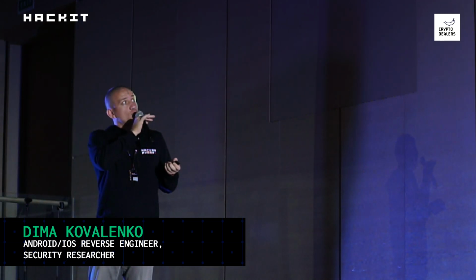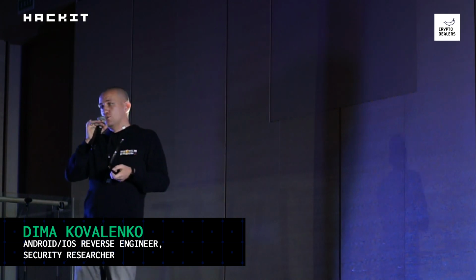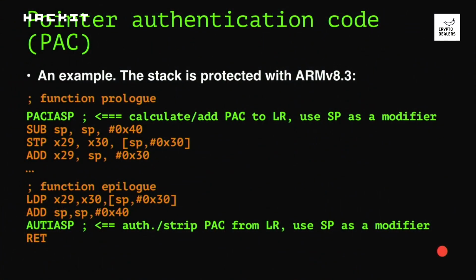This is not protected code. And this is the same code protected with the new instructions. Before we store the link register to memory, we sign it with a pointer authentication code and use the stack pointer as a modifier. This guarantees 2 things.